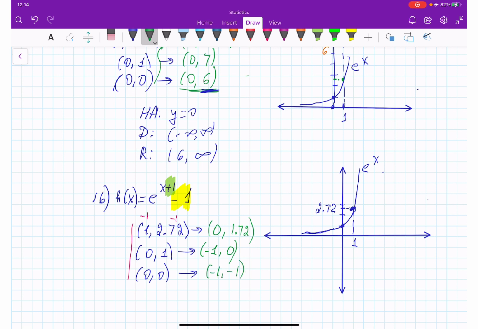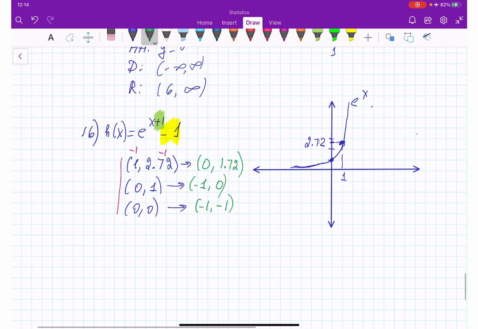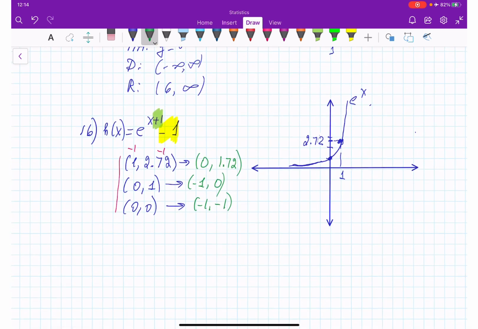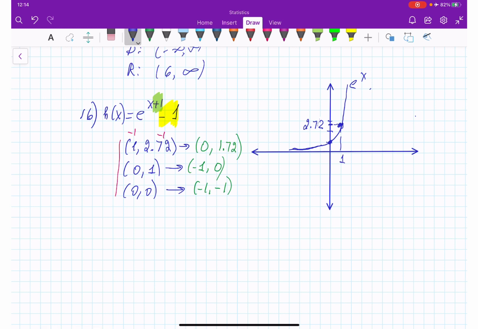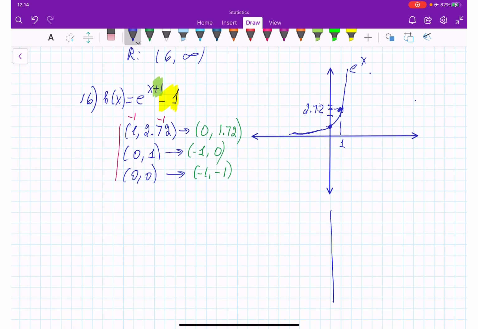So this is going to be our asymptote. Okay, my graph, 0 and 1.72. I guess I'm building a new one because it's going to be messy there. So 1, 2, it's going to be 0 and 1.72.